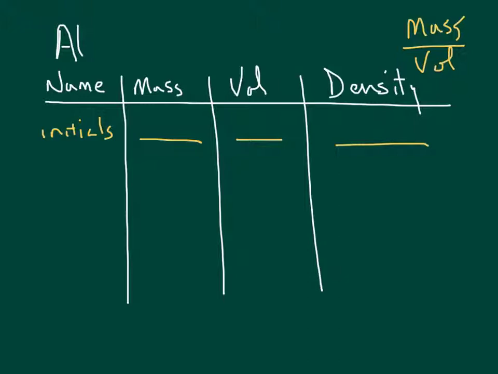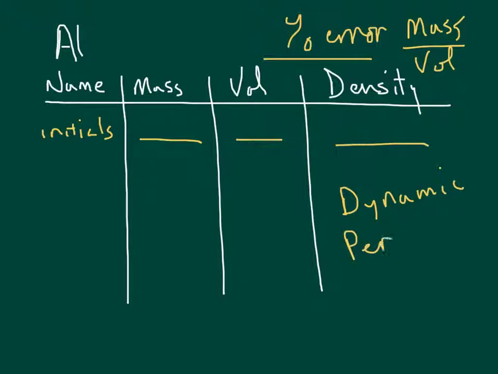To get percent error, you need to know what the accepted value for density is. You might want to get your personal technology device, whatever that is. Somebody in your lab group can go onto the internet, and what I would do is go to probably the dynamic periodic table.